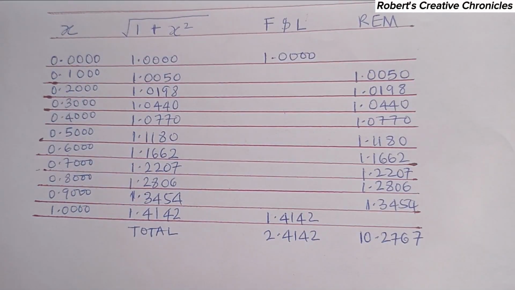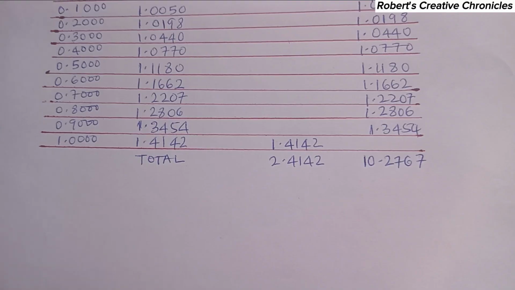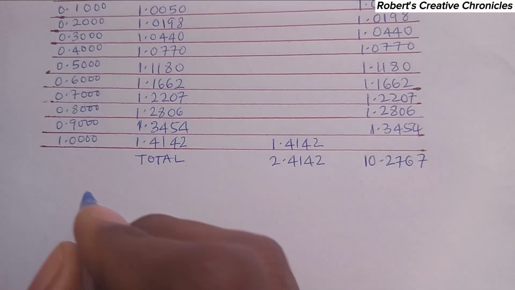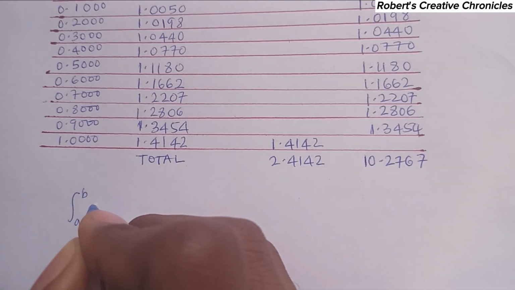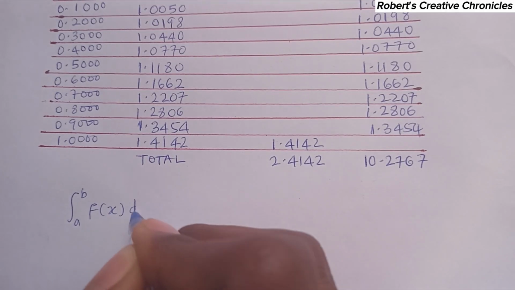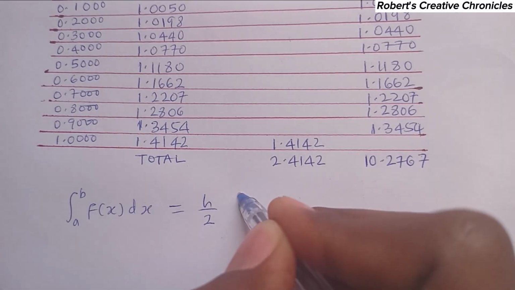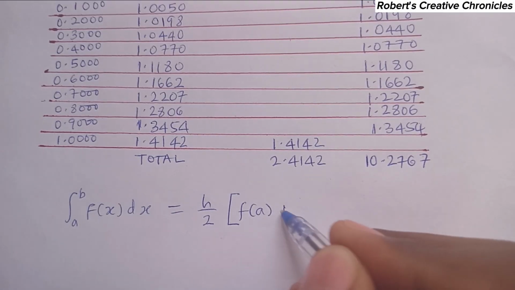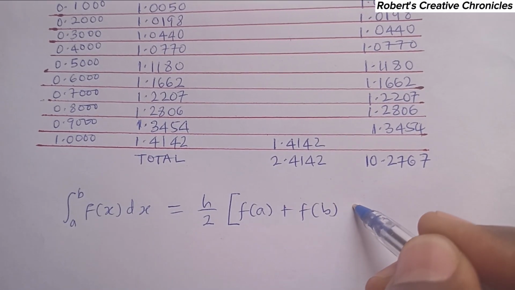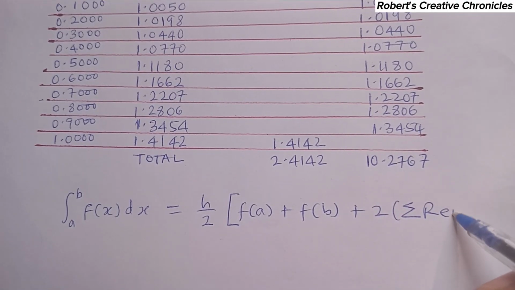So now, according to the trapezoidal rule, the formula is: the integral from a to b of f of x dx is equal to h over 2 times f of a plus f of b plus 2 times the summation of the remainder.